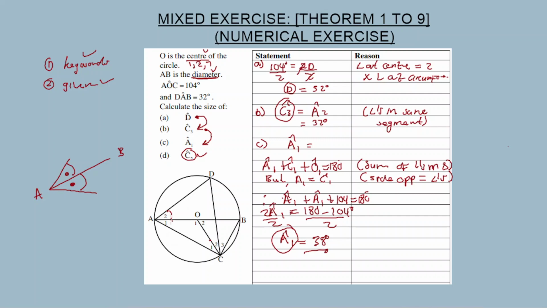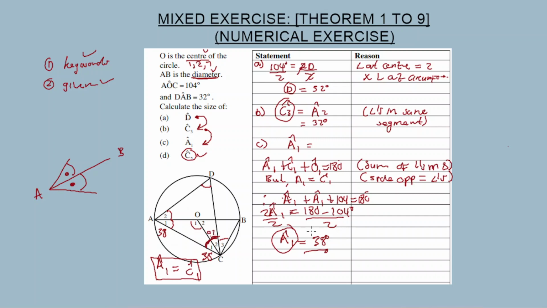A2 I have, A1 I have, D I do have, C3 I do have, as well as C1 I do have. A1 is equal to C1 because of sides opposite equal angles. So like 38 here, we also have 38 at this angle. Now we want C2.